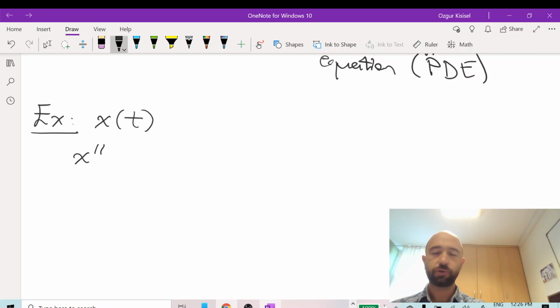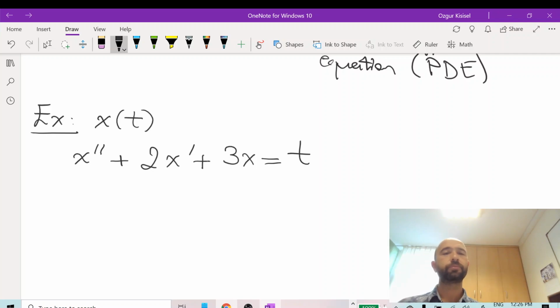So I have x prime prime plus, let's say, 2 times x prime plus 3 times x. And on the right, let me put a t. This is a nice differential equation. It contains second derivatives, this prime prime, as well as the first derivative.